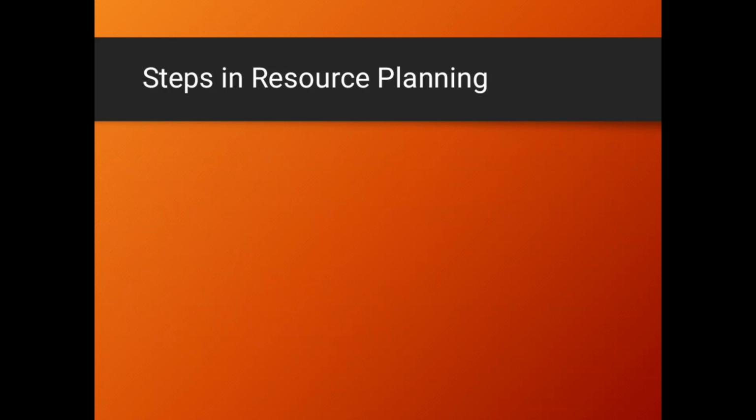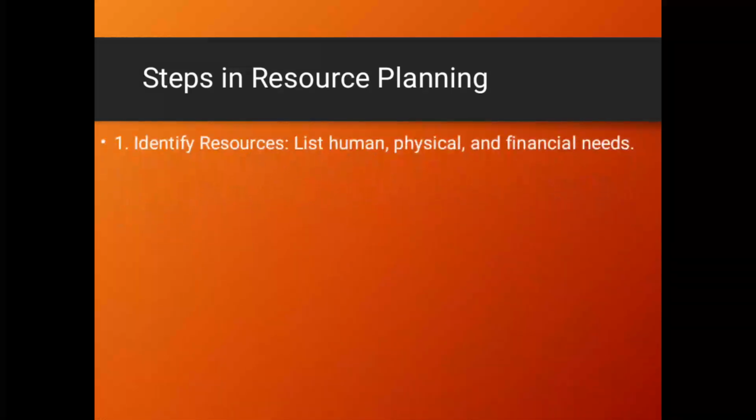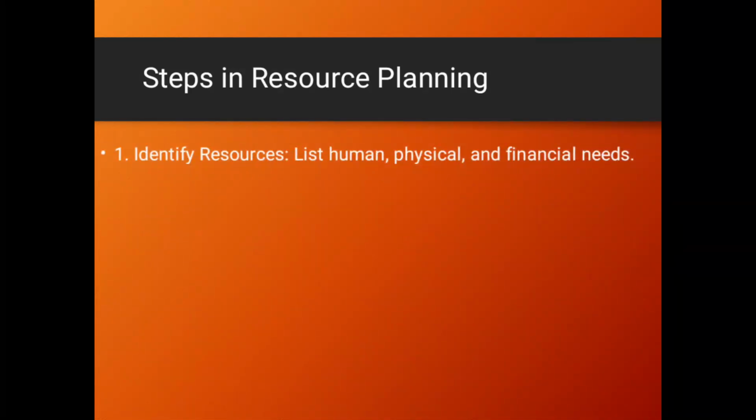Let's go to steps in resource planning. What are the steps when we are planning for resources for a project? Number one, you need to identify resources. So you need to list all the human, physical, as well as the financial resources or financial needs which are available for your project.